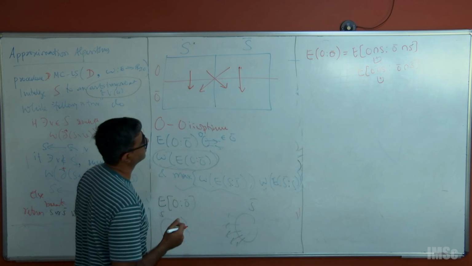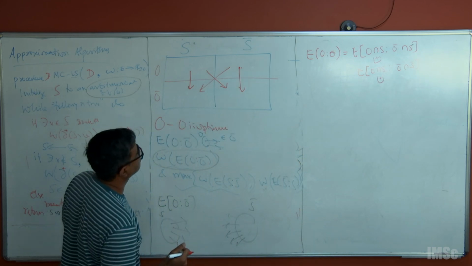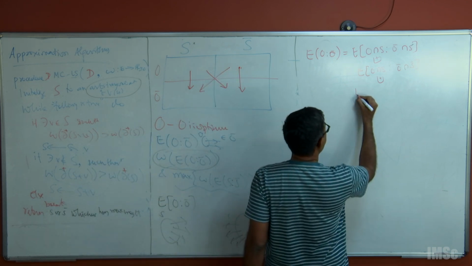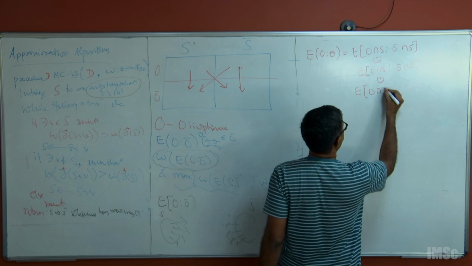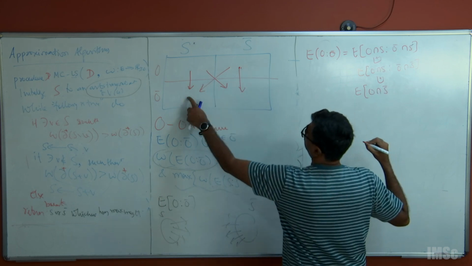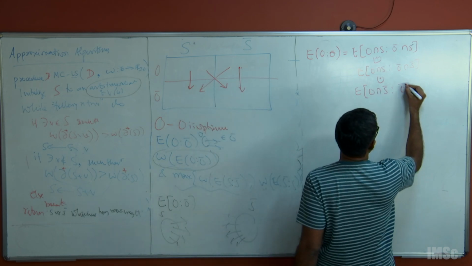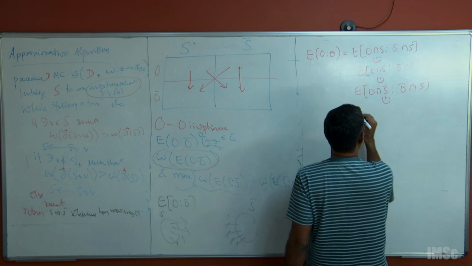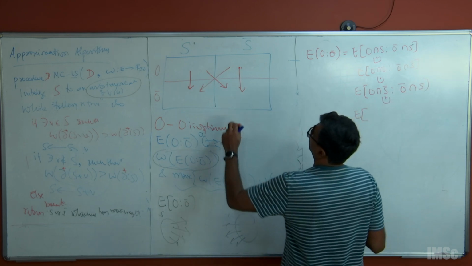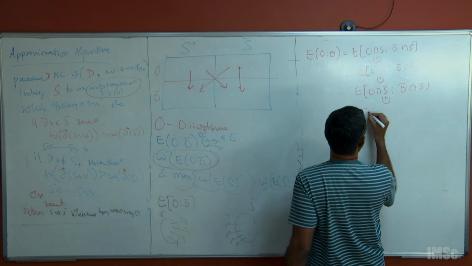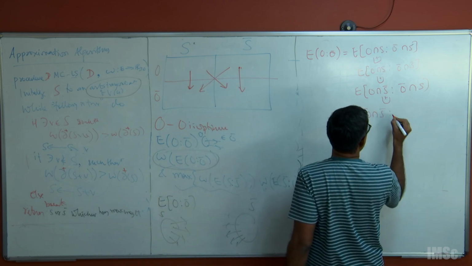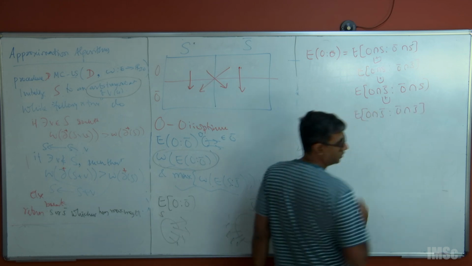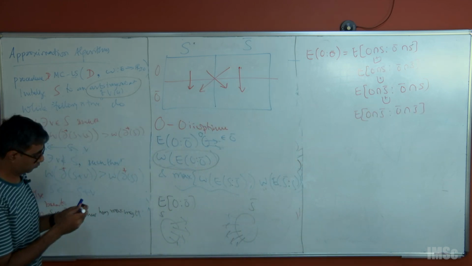It is here: E of O intersection S bar to O bar intersection S, disjoint union E of this to this, O bar intersection S bar. What is the last one? O bar intersection S bar. So these are the four kinds of edges.